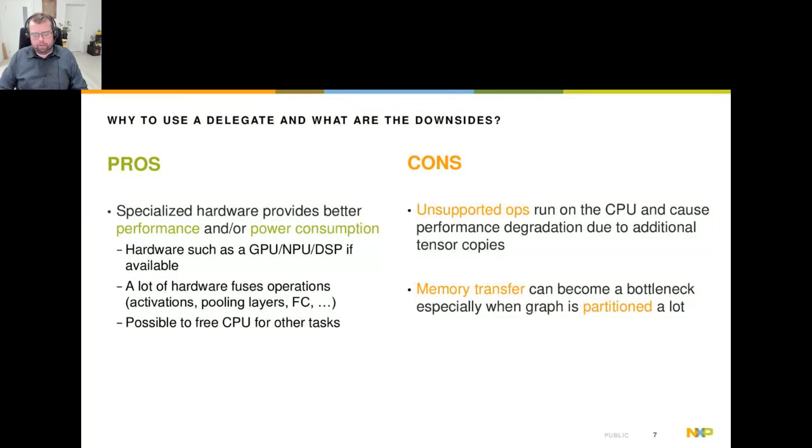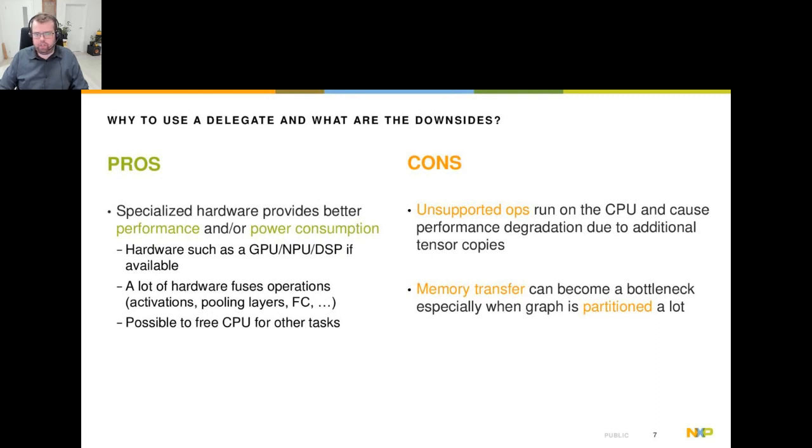So now, before we run the computation on the delegate, it's good to think about whether we even want to do that, because, well, CPU might be better sometimes. So the obvious advantages are performance and power consumption.